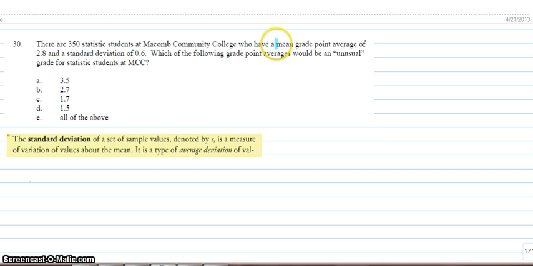And it says we have a mean grade point average of 2.8. So that's going to be key when we're trying to figure out the values here. The first thing we need to do is look at answer A that they've given us.